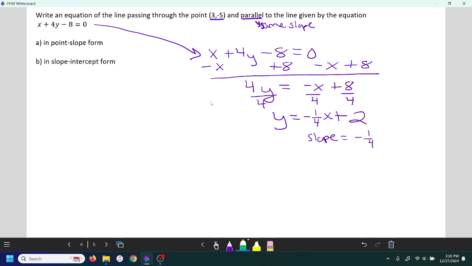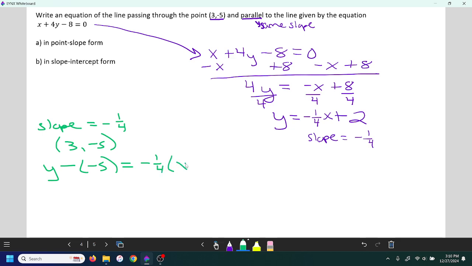All right, so we want to write an equation of a line that's parallel to this one, which means it needs to also have a slope of negative 1/4, and it needs to pass through the point 3, -5. So using our point slope form, we have y minus y1 equals m times x minus x1.